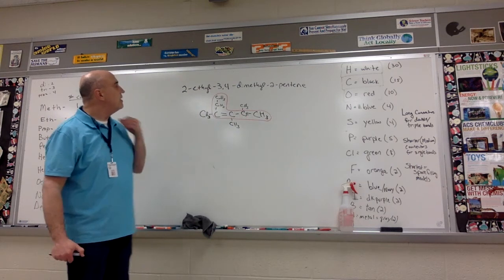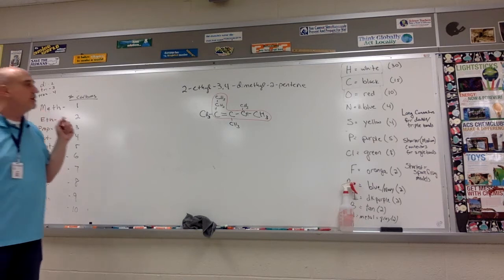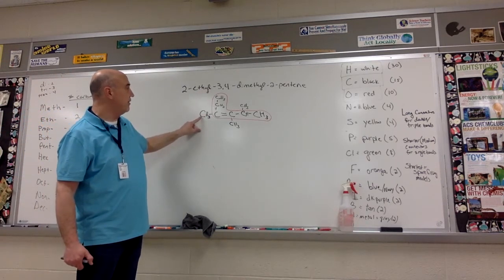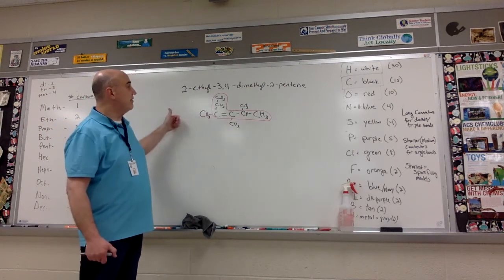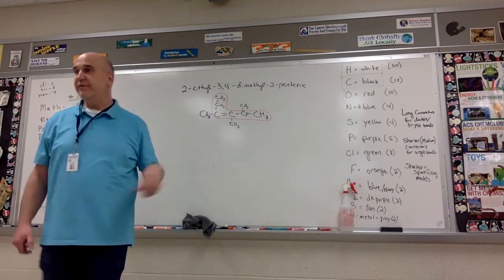So the methyl groups would be the ones to determine which way we number it. If we number it left to right, we've got the methyls off the third, fourth, and fifth. If we number it right to left, it would be off the second, third, and fourth. So that's the way we want to number it.